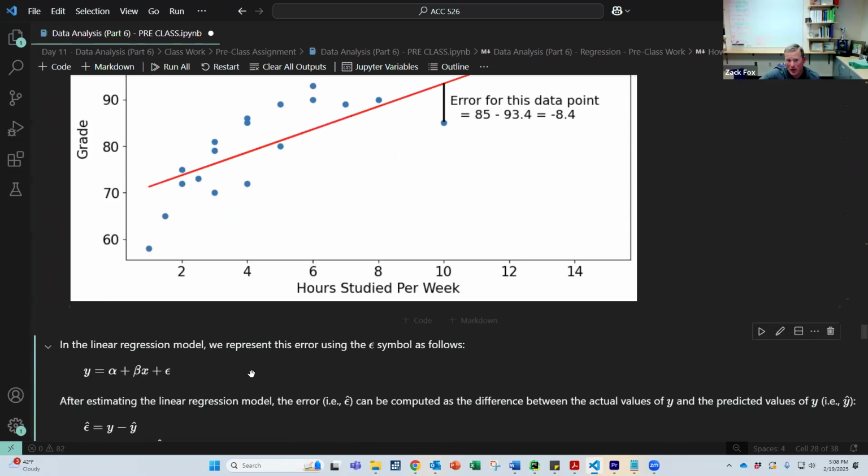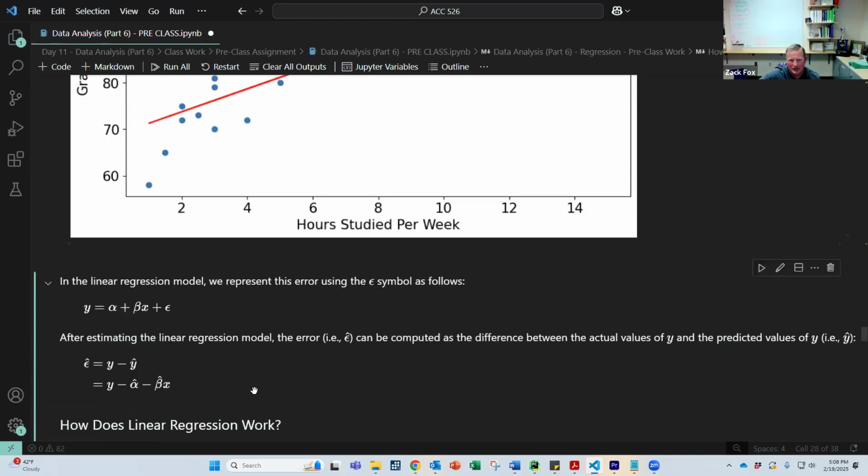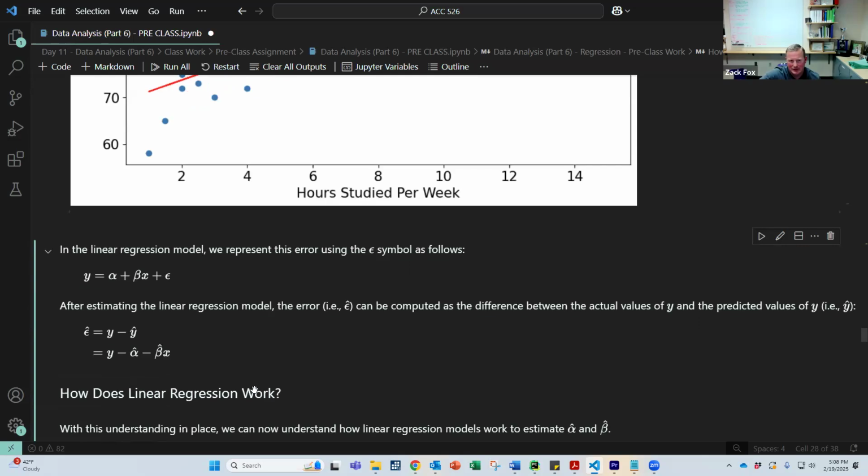So in a linear regression model, we actually represent this error using the delta symbol as follows. Okay. So now, after estimating the linear regression model, the error can be computed as the difference between the actual values of y and the predicted values of y.